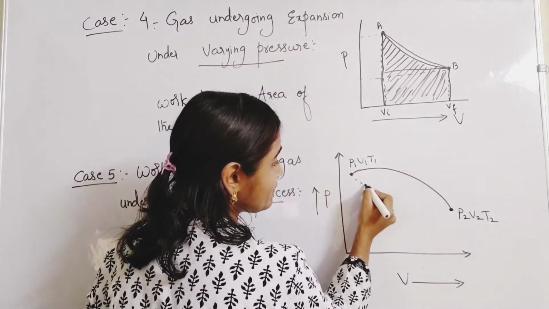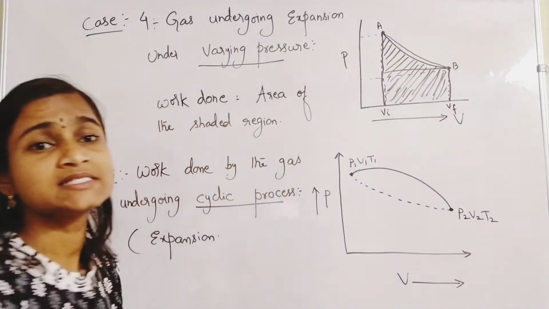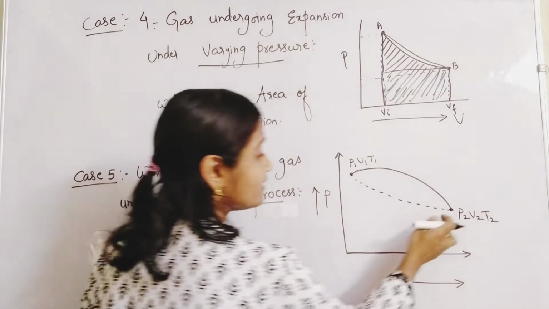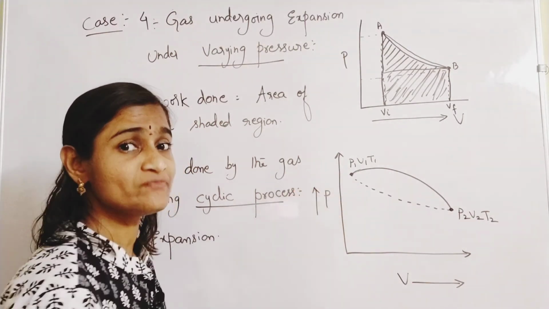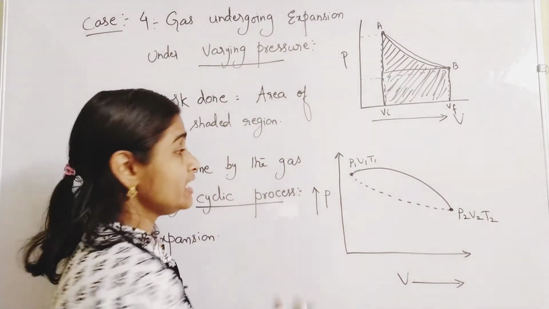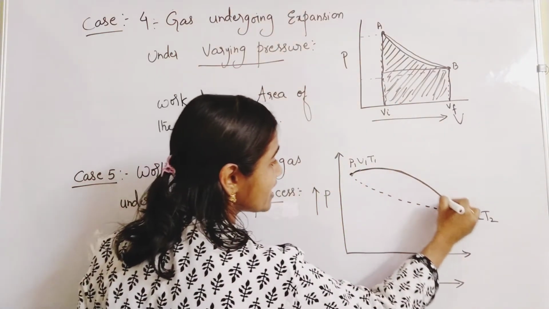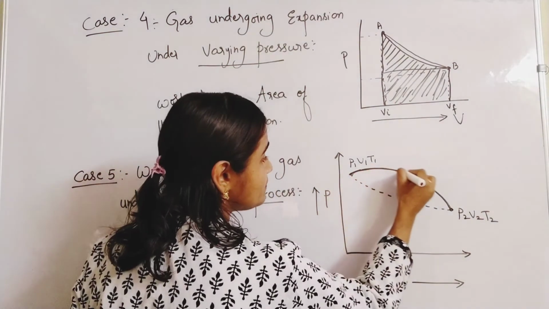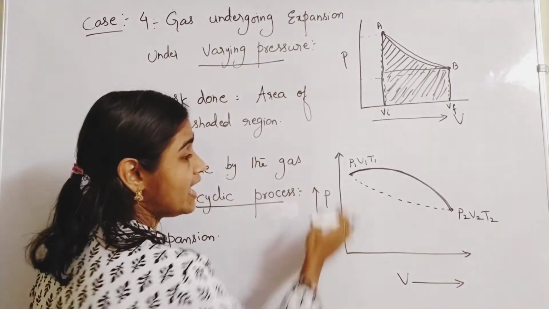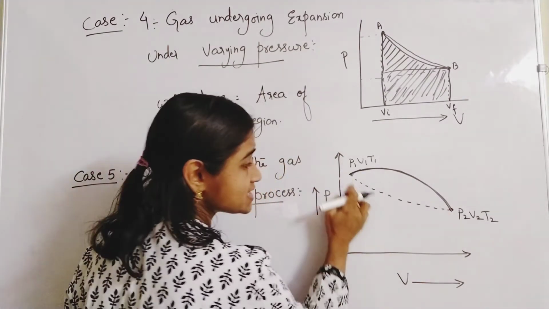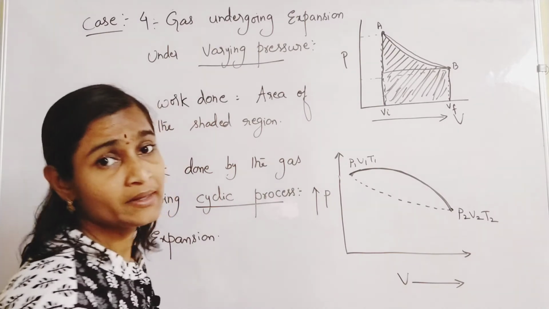If it is a cyclic process, again the gas comes back to the conditions of P1, V1 and T1 only. If it is undergoing expansion, the solid curve which I have drawn should be a bulging curve, and down, whatever the cyclic process I am telling, that's why I have joined it with dotted lines.